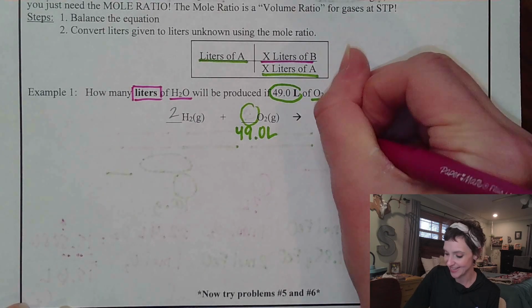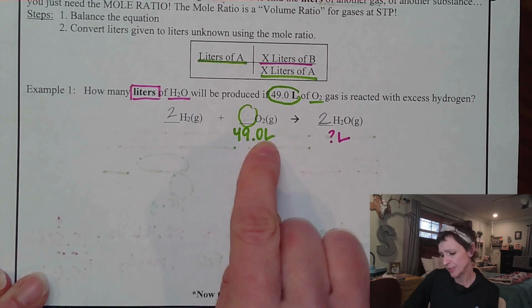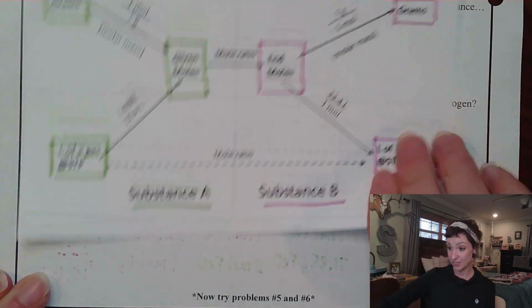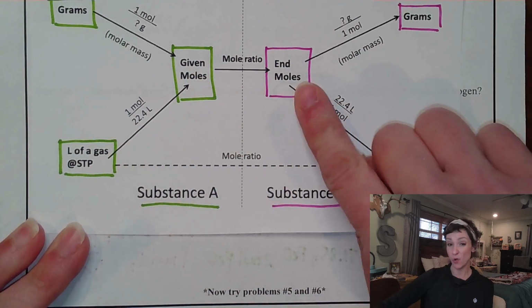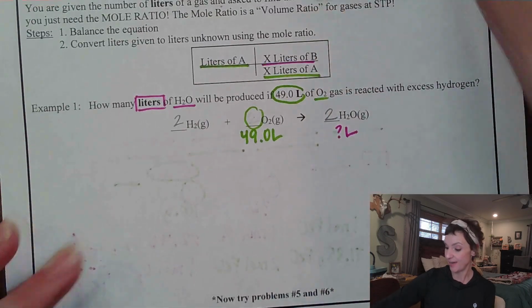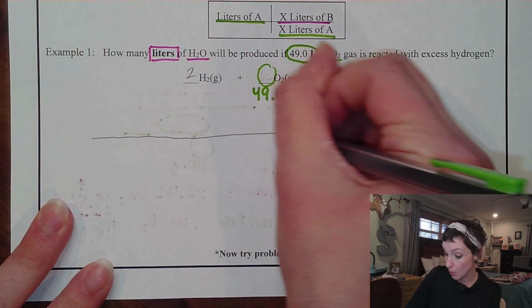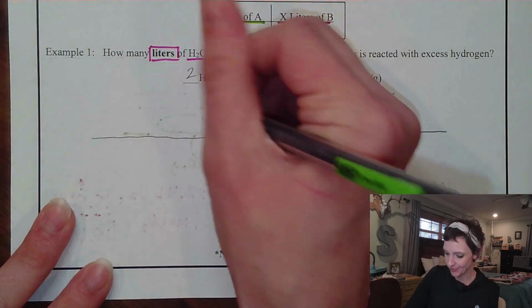Because I can only take things to liters right now for gaseous reactants or products. Okay, so I'm starting at 49.0 liters. I will be showing and modeling the full transition of liters to moles to moles to liters, okay? Because I think that this will do a good job of proving our point on why we were able to do this as only 1 step.